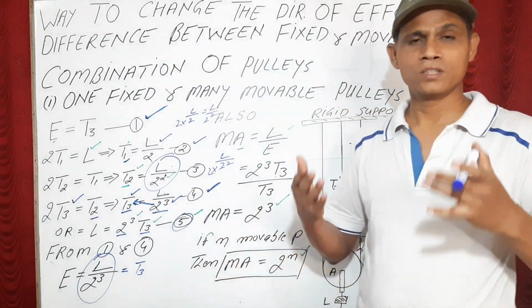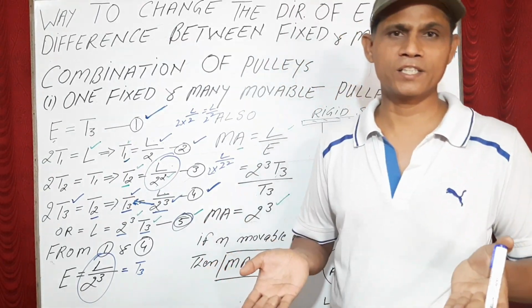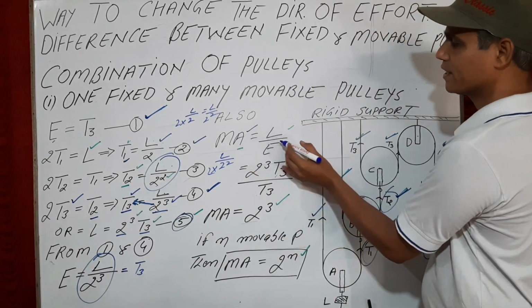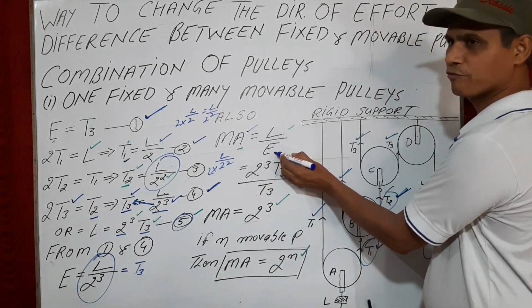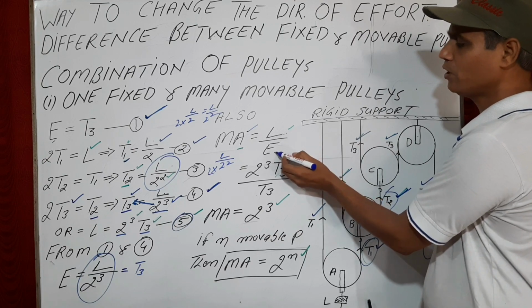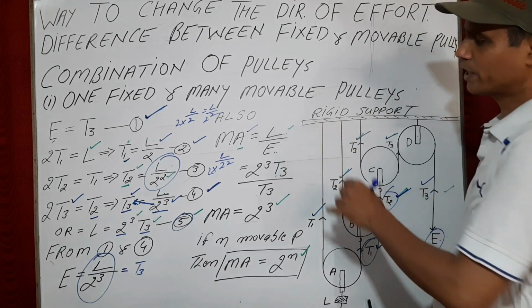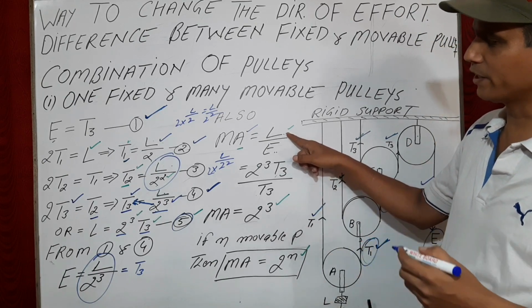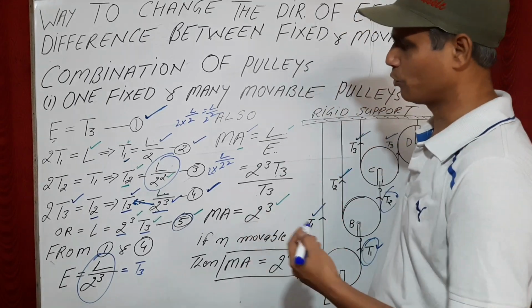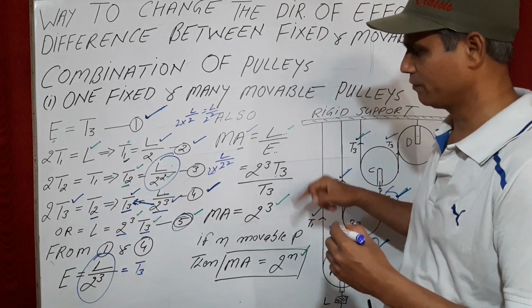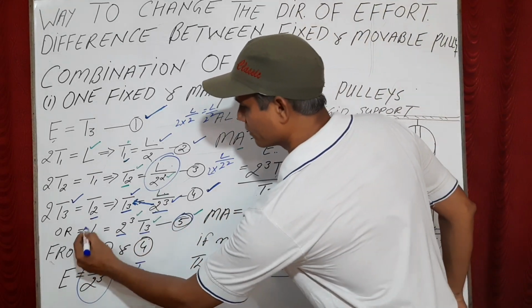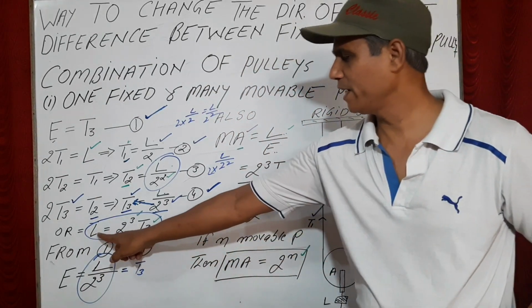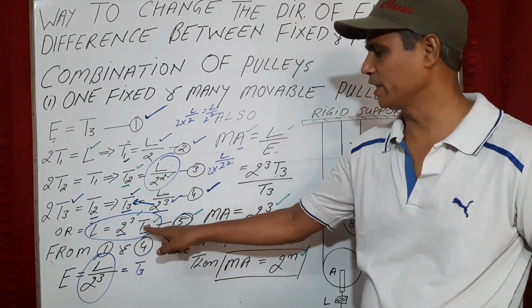Also, you know, the formula for the mechanical advantage is mechanical advantage is equal to load upon effort. I have already calculated the value of load, you can see from equation number 5, L is equal to 2 raised power 3 into T3.